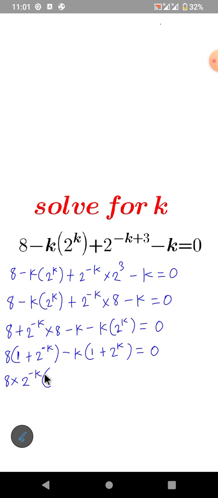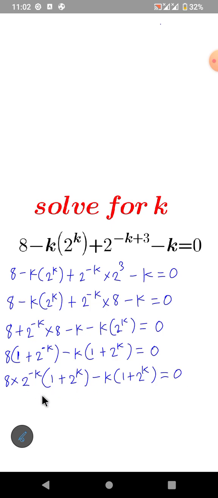Now this divided by this, 2 raised to the power minus k divided by 2 raised to the power minus k, that's what? 1. Then plus 2 raised to the power of what? k minus k, close, open bracket, 1 plus 2 raised to the power of k, then all equal to 0.